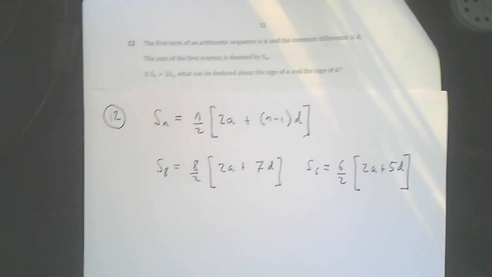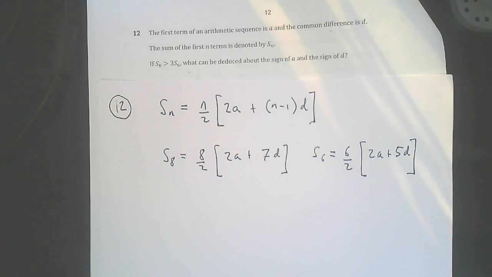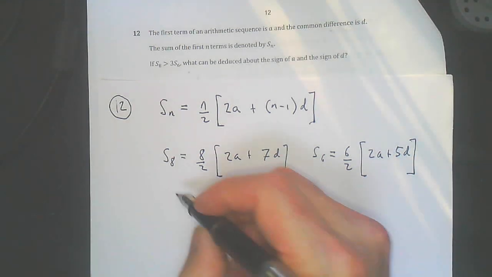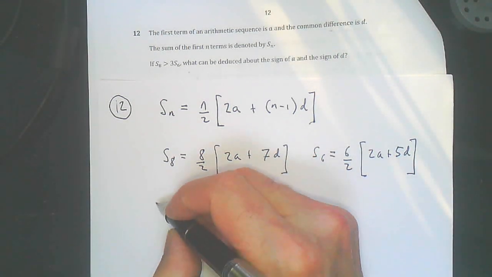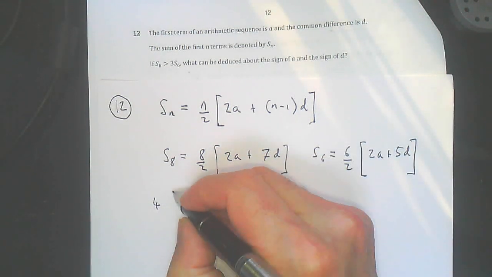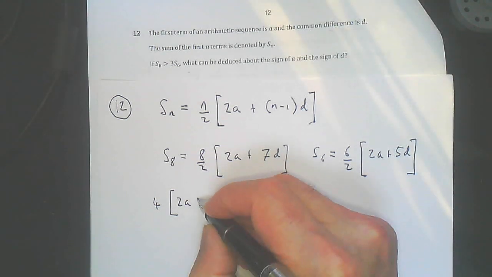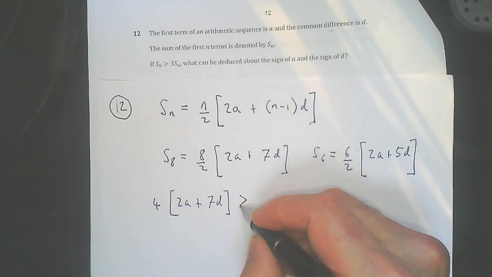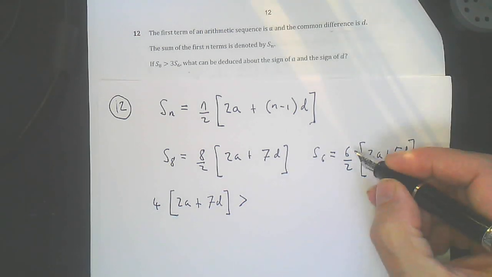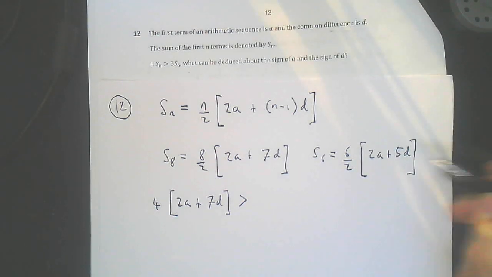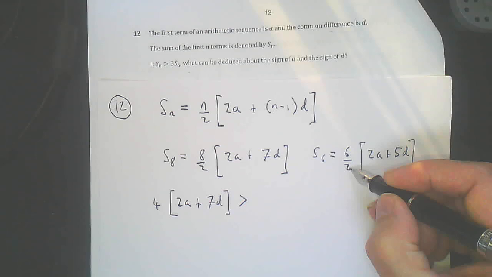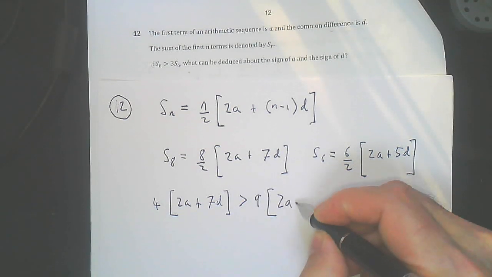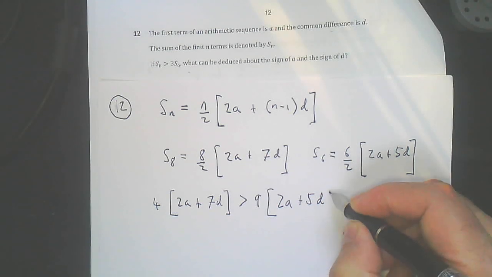So those are our two expressions, and if we simplify and use the inequality, we've got 8 over 2, which is 4, brackets, 2a plus 7d, and that's going to be greater than 3 lots of this. So that's 6 over 2 is 3, 3 times 3 is 9, brackets, 2a plus 5d.